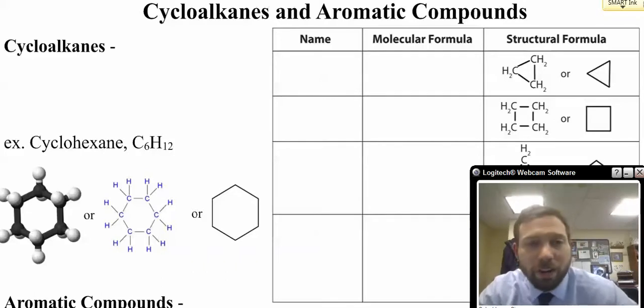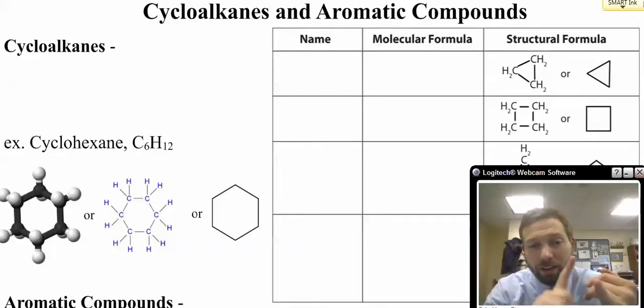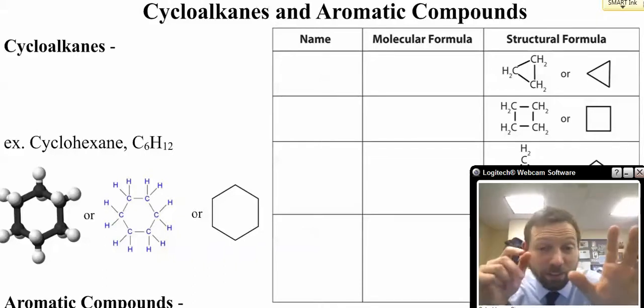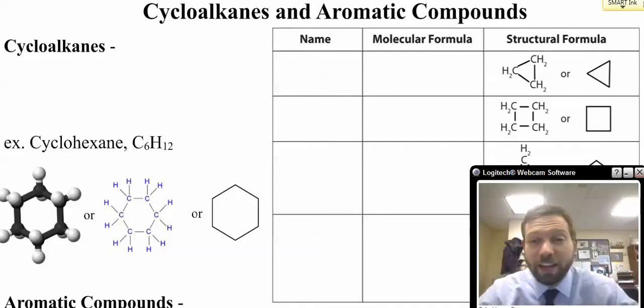All of these, alkanes, alkenes, alkynes, cycloalkanes, which we'll talk about in a second, and aromatics as well, have carbon and hydrogens as a base. So that's just something good to know.